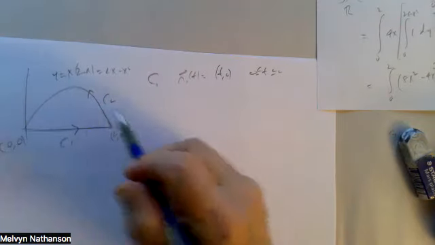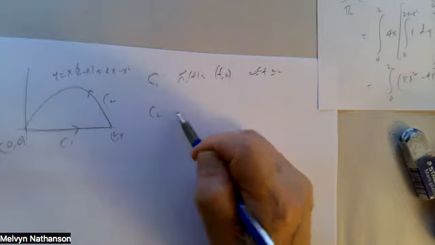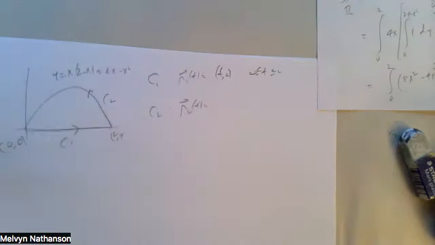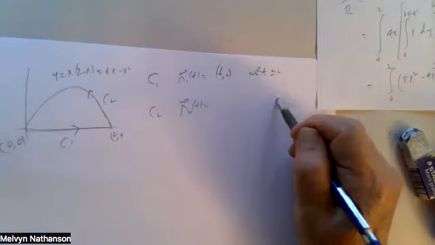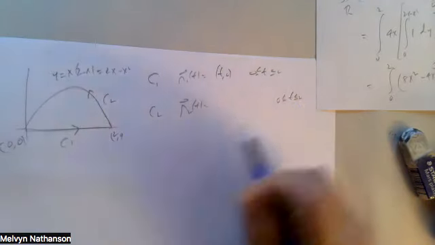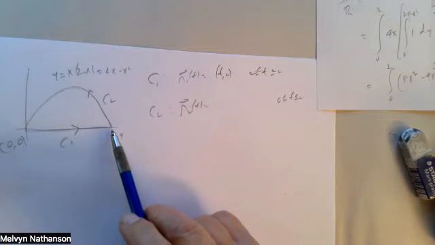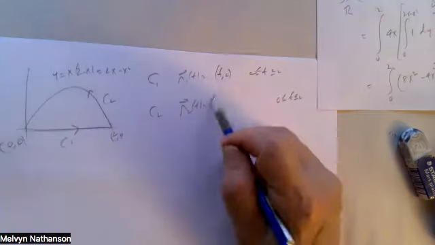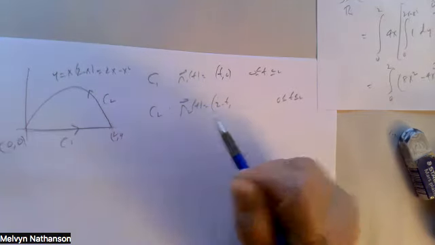And C2 will be parametrized by a curve R2 of t. Again, t is going to go from 0 to 2. But if you go from 0 to 2, your first coordinate has to go from 2 down to 0. So this is simply t minus 2.